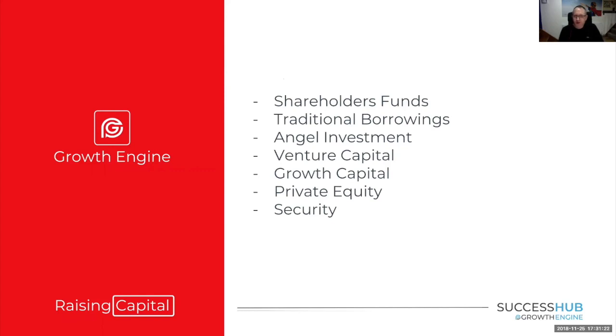When we talk about traditional borrowings, that could be a private loan, like a director's loan that you've put in, but more commonly it's associated with what we call high street bank lending: overdrafts, working capital loans, bank loans. I haven't got invoice financing or invoice discounting on here, but to a degree that would also fall into traditional borrowings.